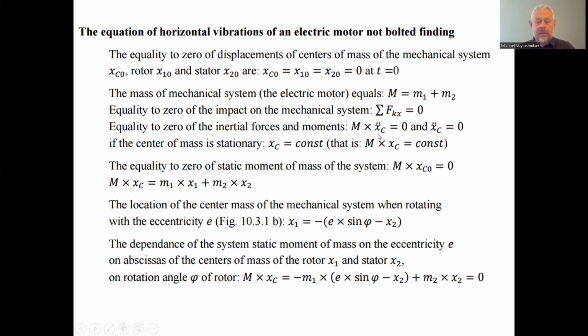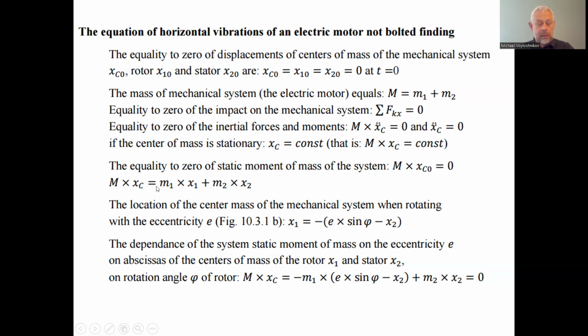The total mass is not zero, so the horizontal acceleration of the mechanical system is zero without the action of external forces. That is, the center of mass is stationary, and the abscissa of the location of the center of the mass of the mechanical system is a constant.